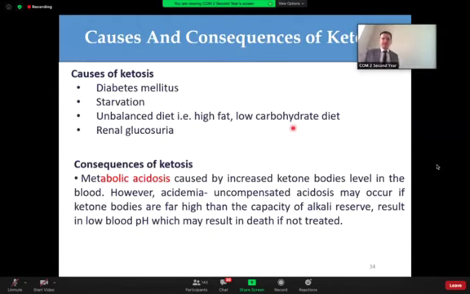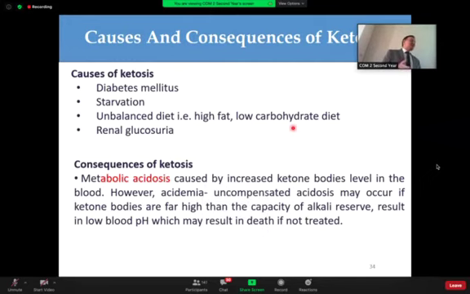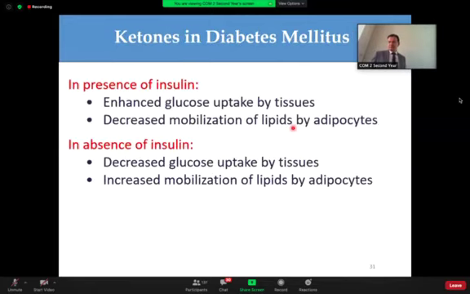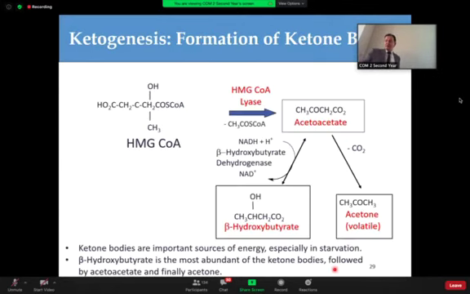Okay, any question? It's the same slide, you just needed to know the enzyme, that's all. It's the same. This is acetoacetyl. Here we didn't talk about, I mean, the previous one, we have the ketone bodies.